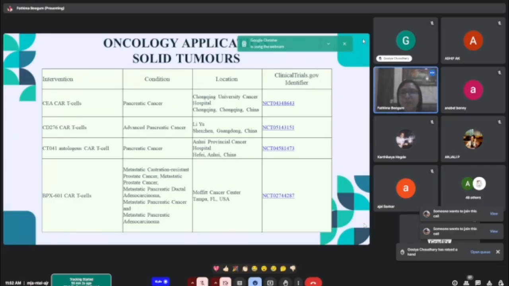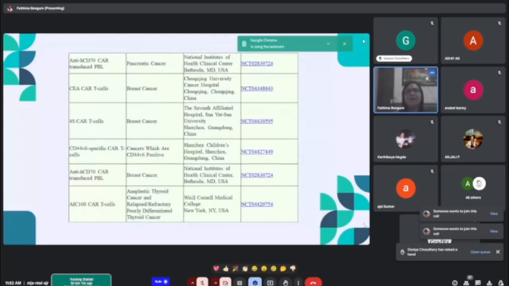These therapies are used for pancreatic cancer, then for different types of prostate cancers, adenocarcinomas, and studies are also going on. There are no FDA approved drugs yet, studies are going on. Then anti-HER2 CAR studies have been going on. CAR cells for breast cancer studies are going on.